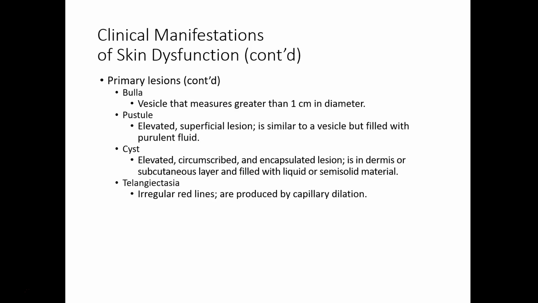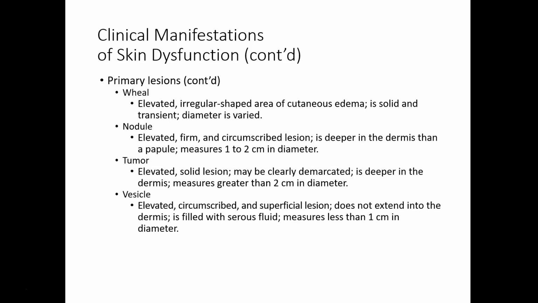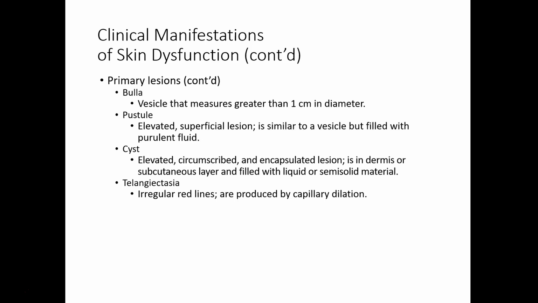Now the vesicle and the pustule are different because a pustule is going to be elevated superficial lesion, and while it is similar to that of a vesicle, instead of it being clear fluid or serous fluid, it is purulent. And a bulla is a vesicle that measures greater than 1 centimeter in diameter.